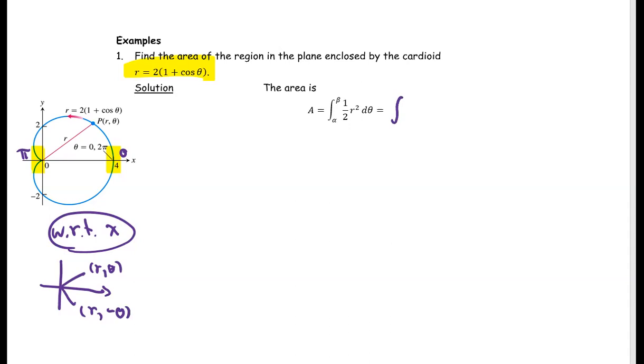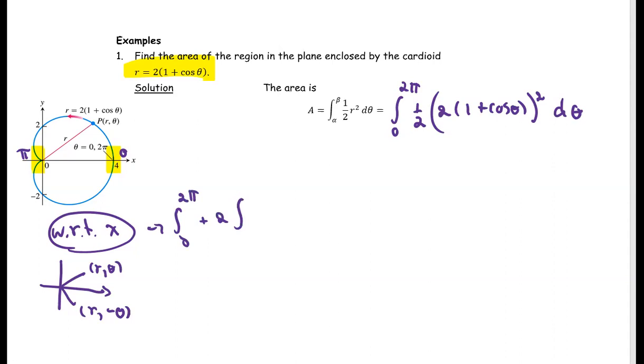From the definite integral, from the lower limit 0 to 2 pi, 1/2 the r, which is 2 times 1 plus cosine theta, and then the quantity squared, since r squared is part of the integrand, multiplied by d theta. With symmetry with respect to x, the integral from 0 to 2 pi can be formed as twice multiplied by 1/2 of the region.